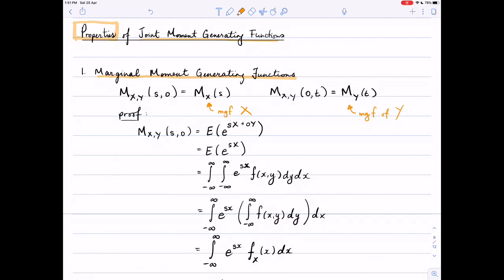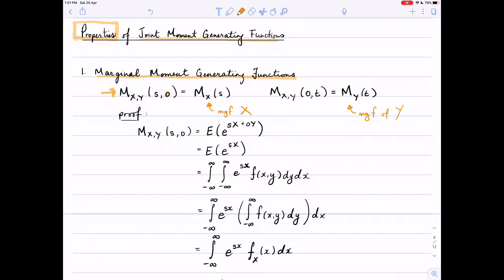And so the way that you can calculate those without necessarily calculating the marginal density functions or marginal mass functions, if we're talking about discrete, is by using this property here of the joint MGF. And that is that if you plug in 0 for the opposing variable, right?